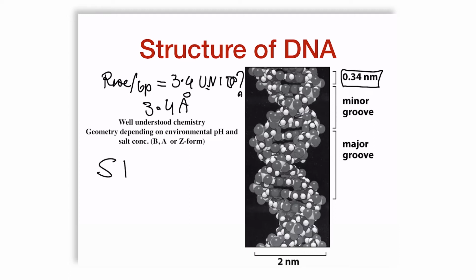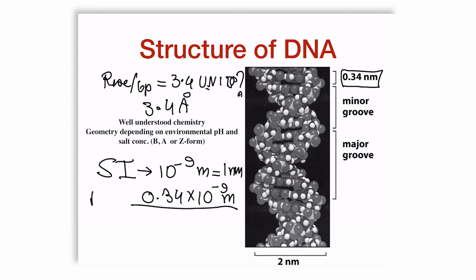But in SI units, 10 to the power minus 9 meters is 1 nanometer, and 0.34 times 10 to the power minus 9 meters is the rise per base pair.